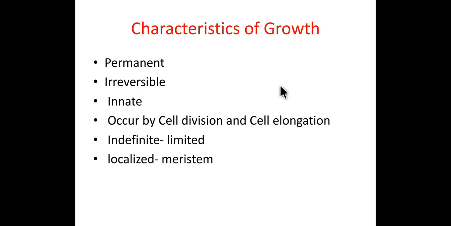In plants, growth is indefinite in parts like stem, root and branches, but other parts like leaves, flowers and fruits show limited growth.